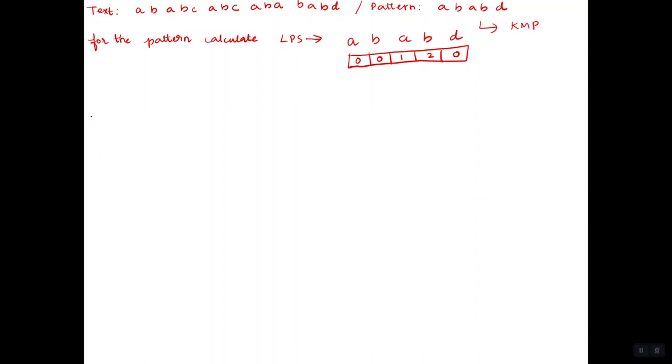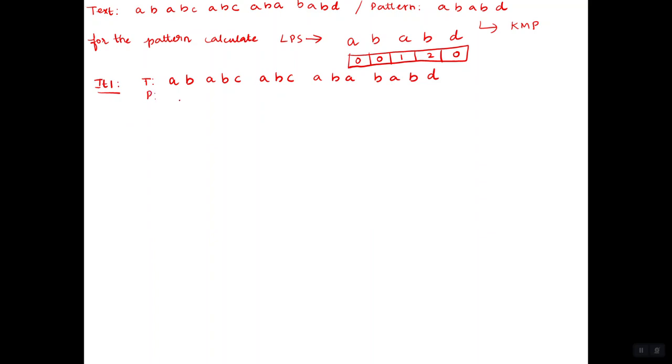So now, once you are done with the calculation, for the first iteration I'm going to write the full text as such. So what is the text? AB, ABC, ABC, ABA, BA, BD. So this is the input which is given to me. And what about the pattern?